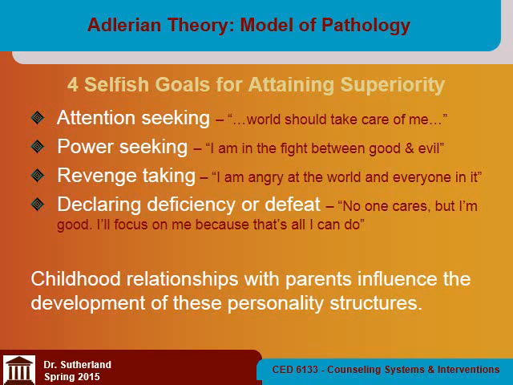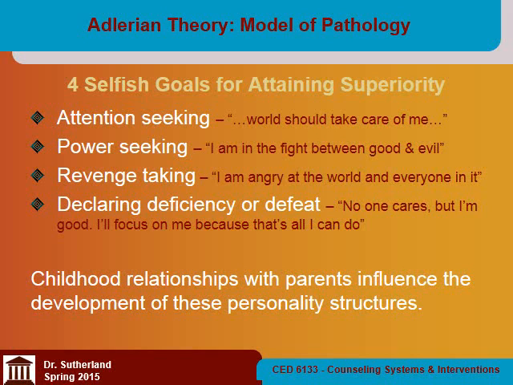So if we look at the model of pathology, we walk straight out of the idea of social interest being part of healthy personality and healthy personality development occurring within the context of social interest. So pathology then focuses on development outside of that social interest realm.